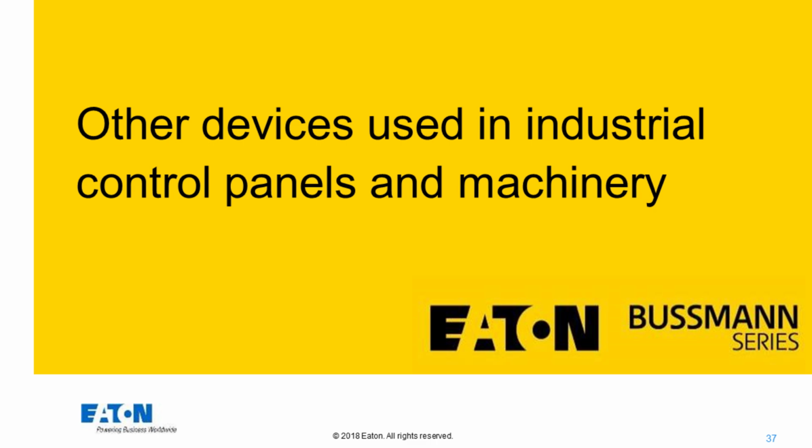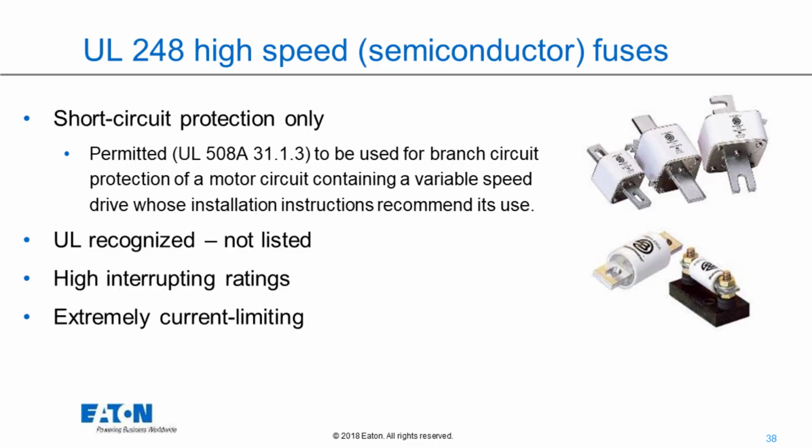Here are other devices commonly used in industrial control panels and machinery. UL-248 high-speed semiconductor fuses. These are permitted to be used for branch circuit protection of a motor circuit containing a variable speed drive whose installation instructions recommend its use.